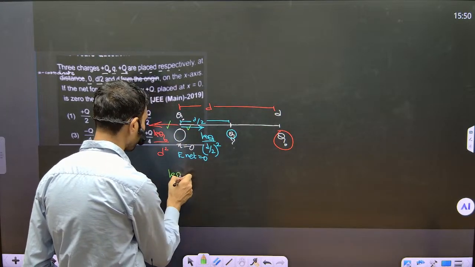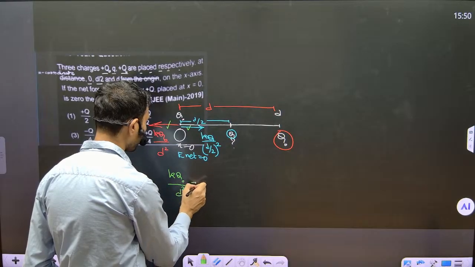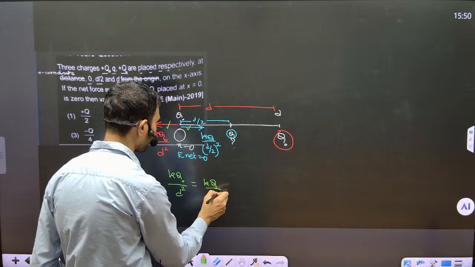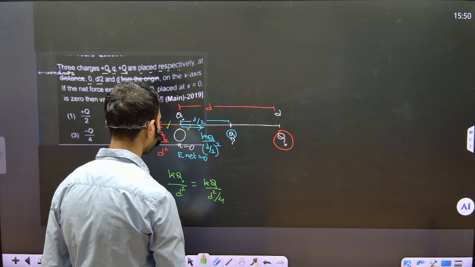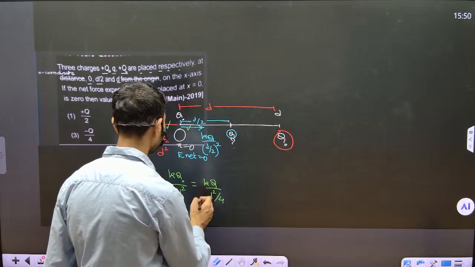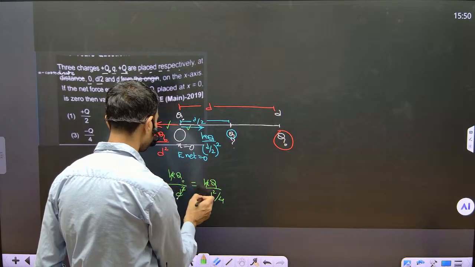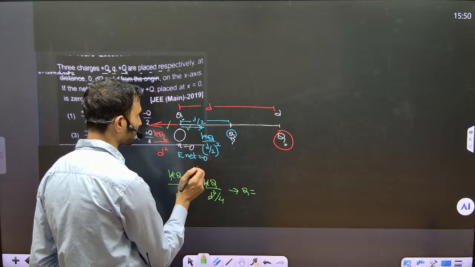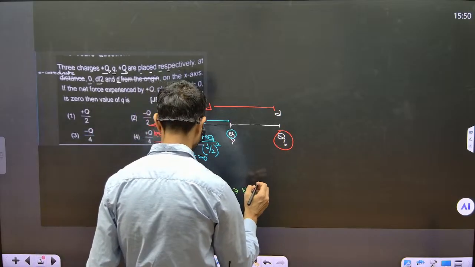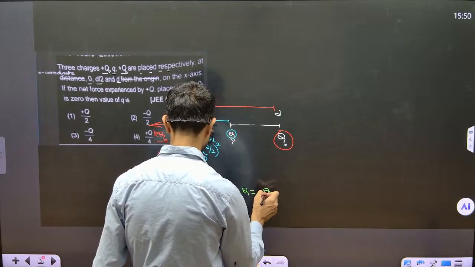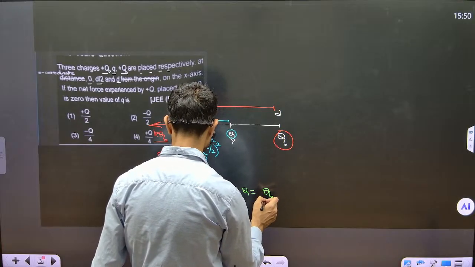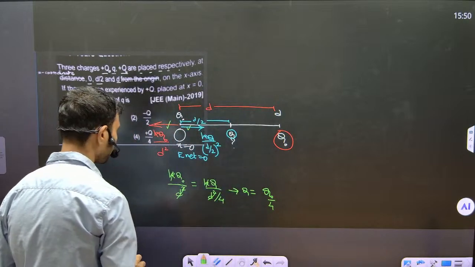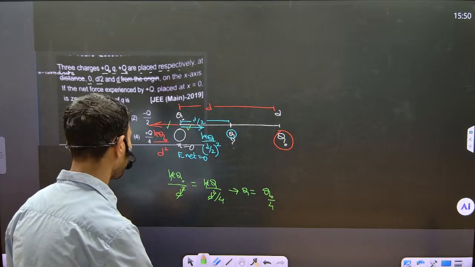So you have k Q naught by d square must be equal to kq by d square by 4, right? So q comes out to be how much? Q naught by 4, right?